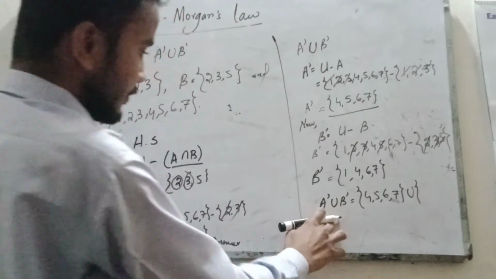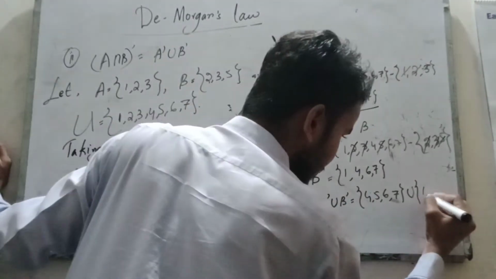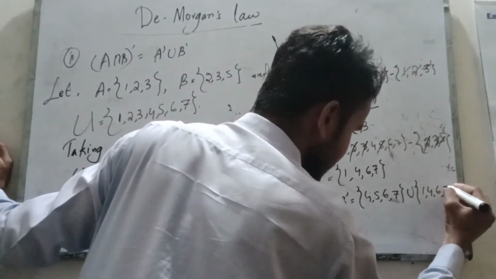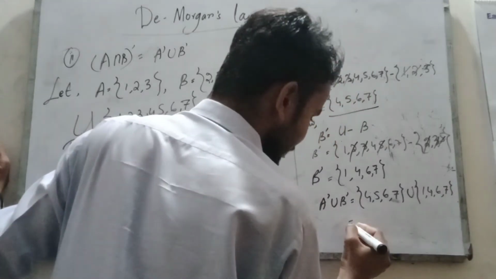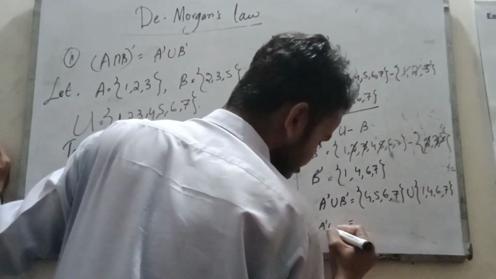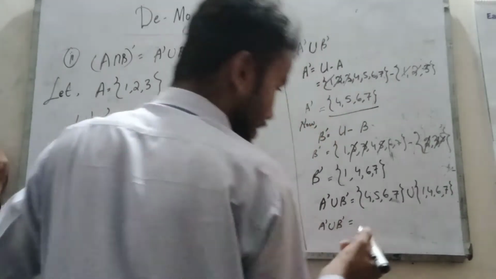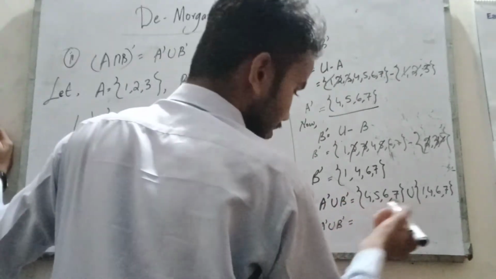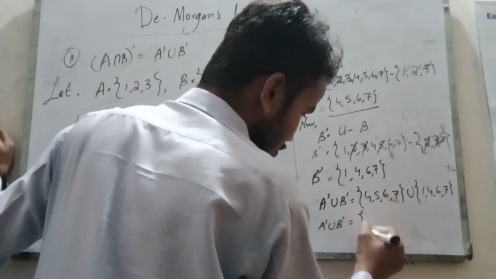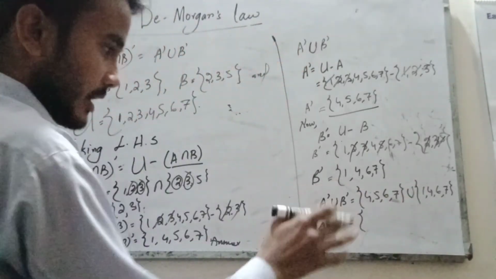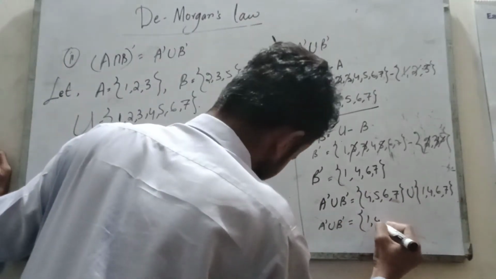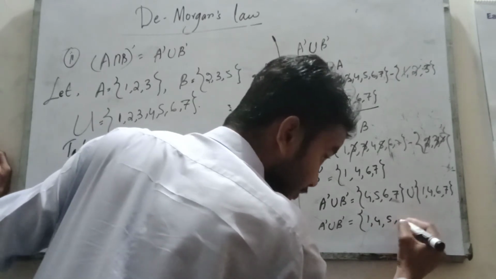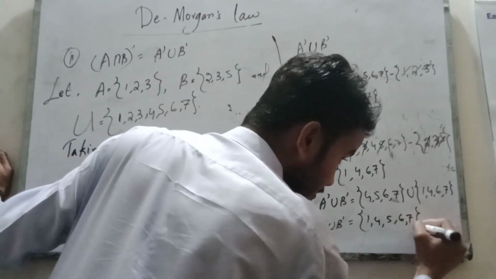What is the value we have found for B complement? 1, 4, 6 and 7. So in the union, what we do? Just arrange all the elements of whatever the sets. Here are two sets, so we will arrange the elements of both sets. 1, 4, 5, 6, 7.